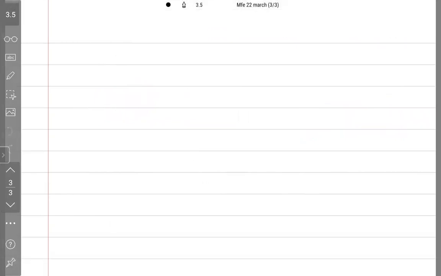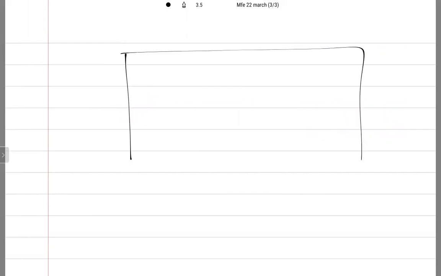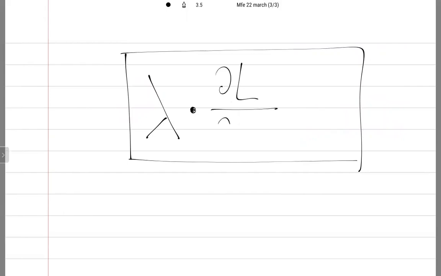Basically, we have one rule that can be stated as two rules, but basically we have one big rule. Let me write it in big letters: lambda times dL over d lambda is 0. That's the main equation from the first order condition, from the theorem we have stated many times.